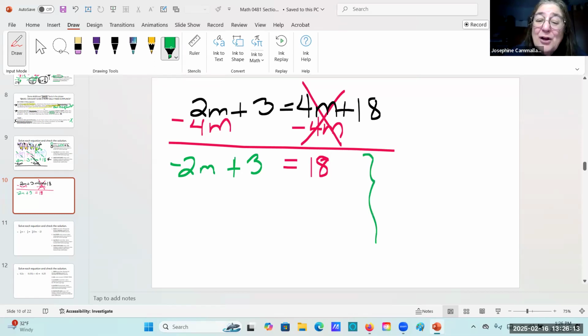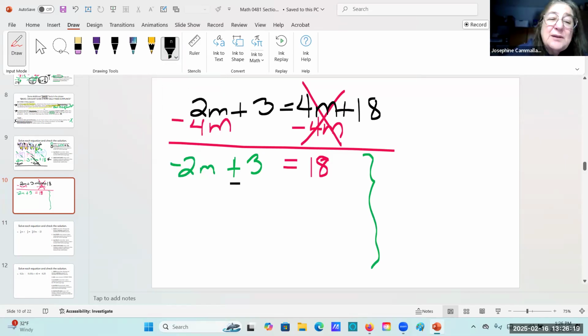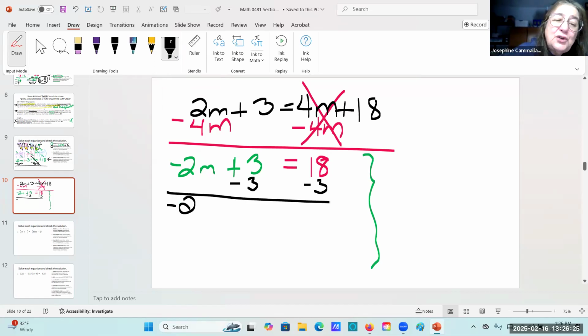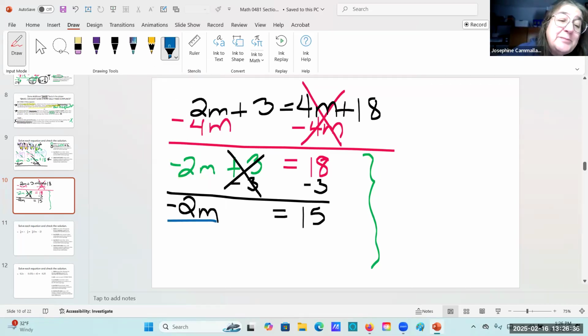This is now our two-step equation. I am going to subtract 3. Negative 2m. This is canceling, and this is 15. I'm going to make dumpling, which means I'm dividing by negative 2.